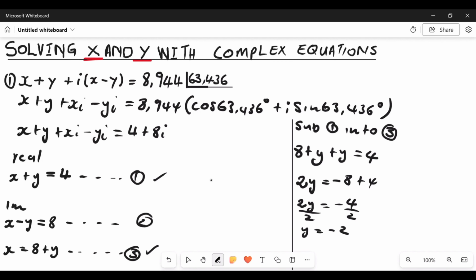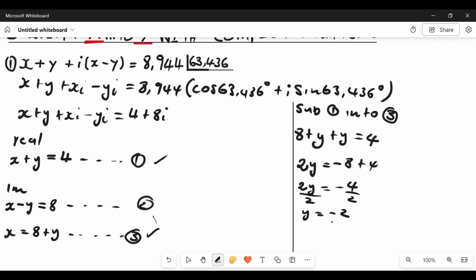Right. Now it's time for us to find x. Now it's very simple, guys. If you want to find x, let me just create a little bit of space here. There we go. So if you want to find x, we just have to substitute y into 3. So this y here, we substitute into equation 3. Since x is the subject of the formula, we can do that.